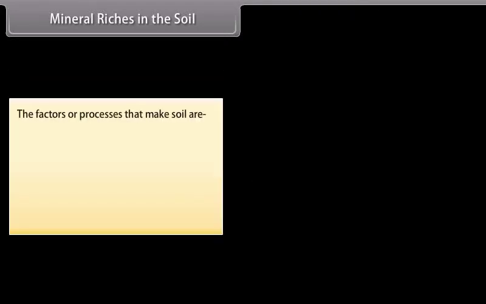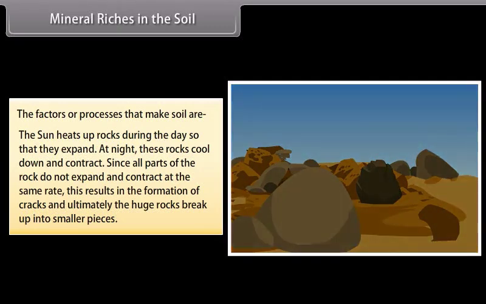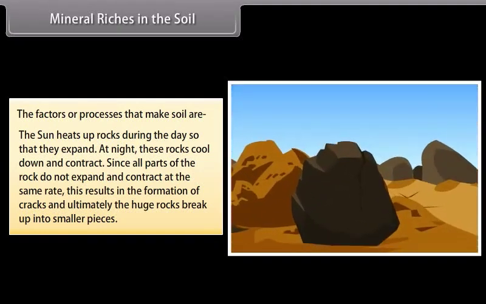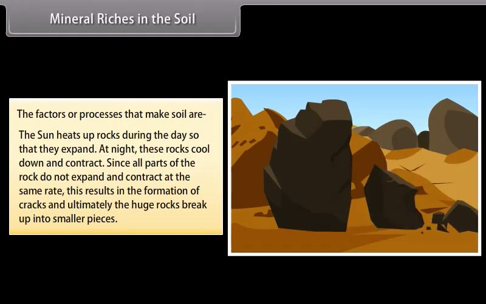The factors of processes that make soil are: the sun heats up rocks during the day so that they expand. At night, these rocks cool down and contract. Since all parts of the rock do not expand and contract at the same rate, this results in the formation of cracks, and ultimately the huge rocks break up into smaller pieces.